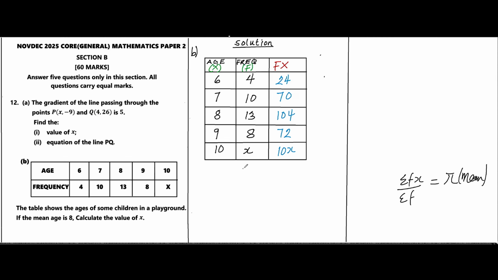So let's begin with summation f. To get summation f, it means that we need to sum up all the frequencies. So we have 4 plus 10 plus 13 plus 8 plus x. So this will give us 35 plus x. So that is summation f.